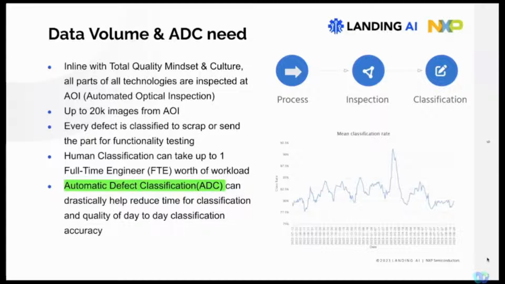And just to allude a little bit to the classification, as you see, we do the processes at this point. This is an outgoing inspection. The process is done, the inspection is the next step, and after the inspection, we usually do the classification by looking at every single image. And as I mentioned, it may reach up to tens of thousands of images per day to be classified. Next, please.